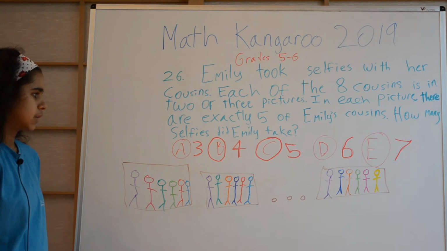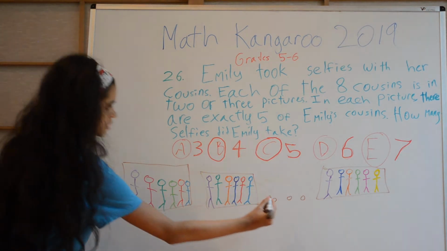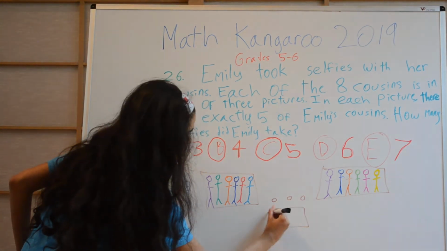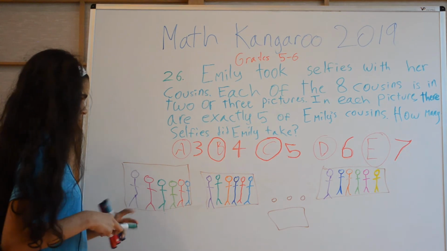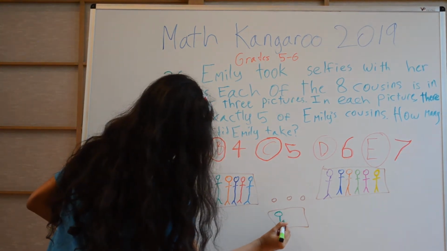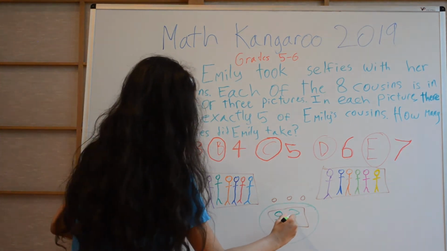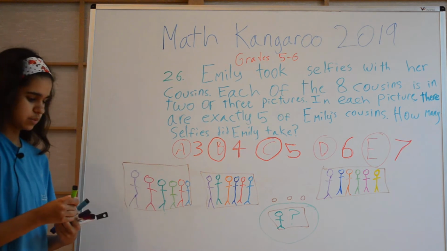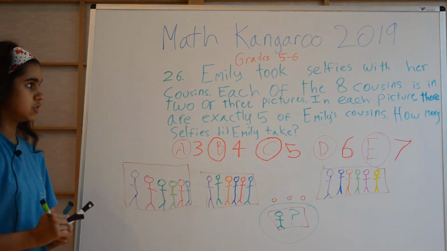And the green one could also be in a 3rd, so we could have some other picture in the middle somewhere that has the green one. But this whole picture here, we don't know if it exists. It's a mystery because we don't know if this particular cousin is going to be in 2 or 3 pictures.